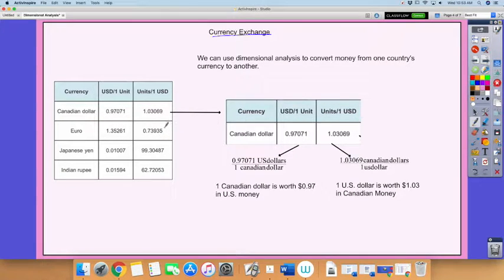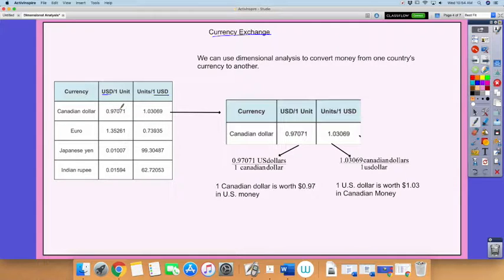If you've ever been to another country, you would know that we have to convert our US dollars, which is what this stands for in this table, US dollars, into the money amount or the currency amount of the other country. So in this table we have Canadian dollars, euros, Japanese yen, and Indian rupee.